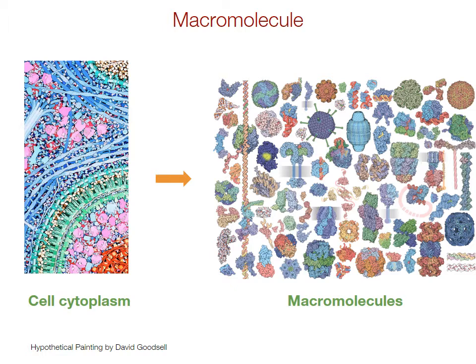These macromolecular complexes are nanomachines that govern a wide range of cellular processes. So if we want to accurately know such cell processes, we need to know both the structures and the spatial organizations of these macromolecular complexes inside single cells.